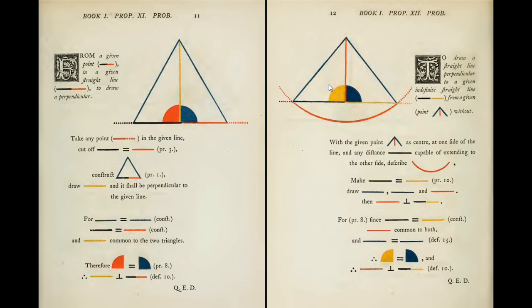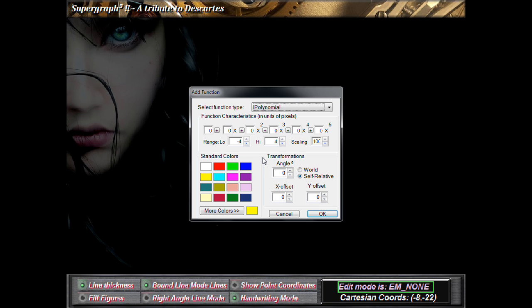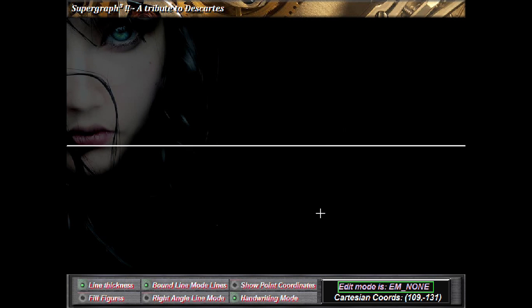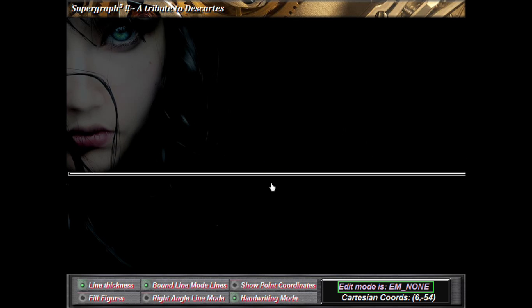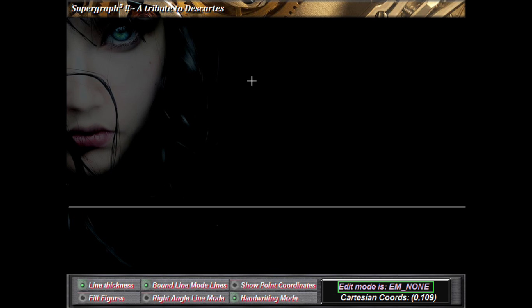Anyway, let's see. First, set this up to draw such a line. This line is exactly the width of this field, it turns out.